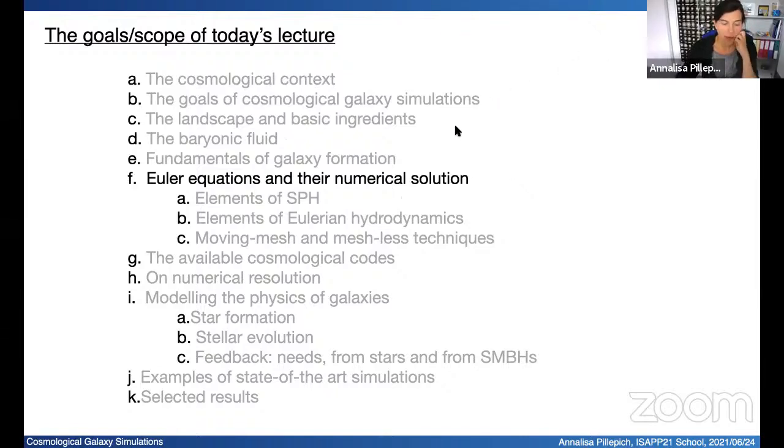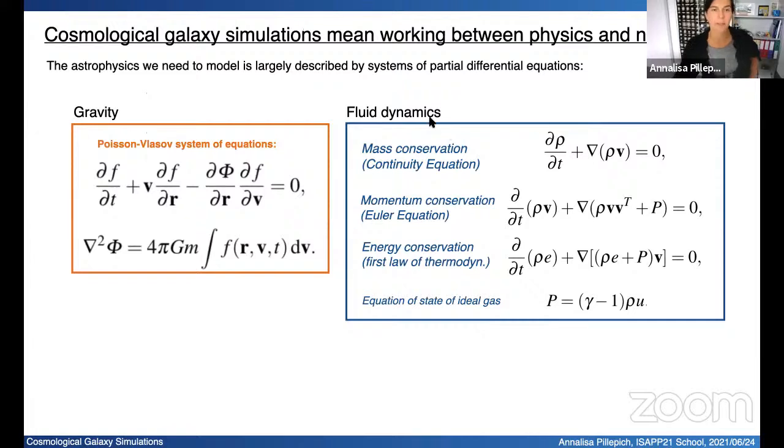All right. Let's go into a bit more detail, if you guys agree, on the solution of Euler equations. Doing cosmological galaxy simulations means working between physics and numerics. The astrophysics we need to model is described by systems of partial differential equations.